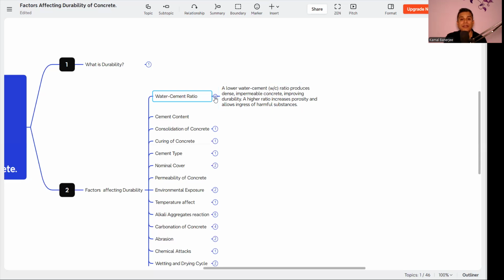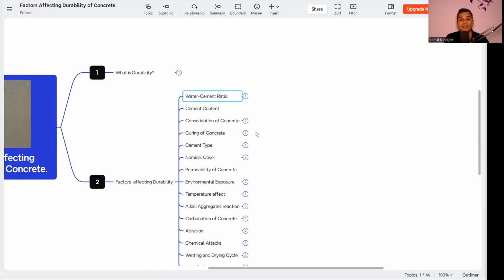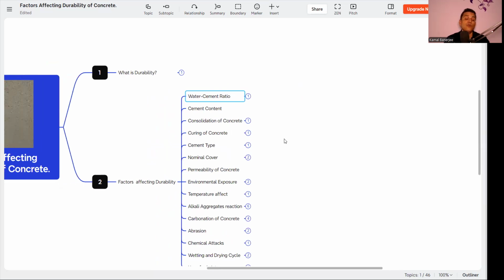Then the cement content is also important, because whenever we are adding water into the cement, it starts reacting with the cement, and we call that the hydration of the cement, and it produces heat. So if there is excess heat, what will happen?